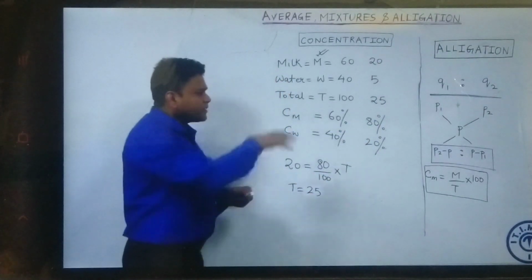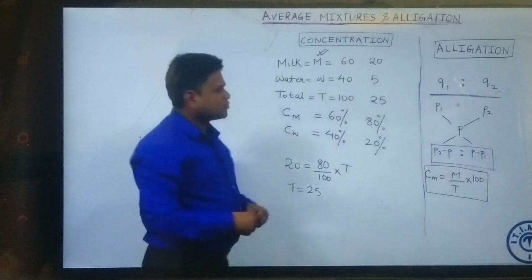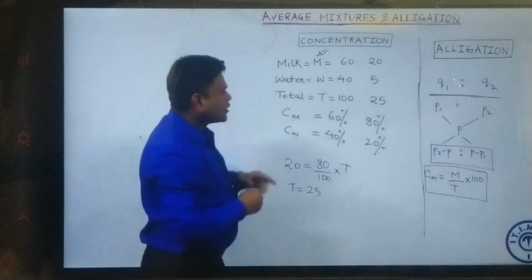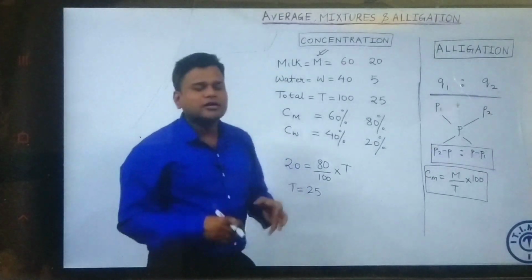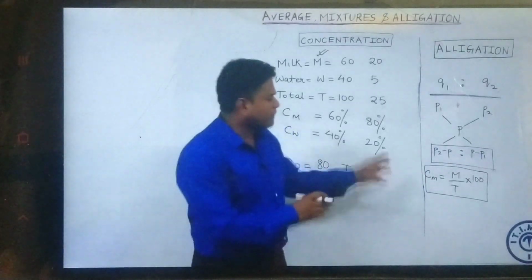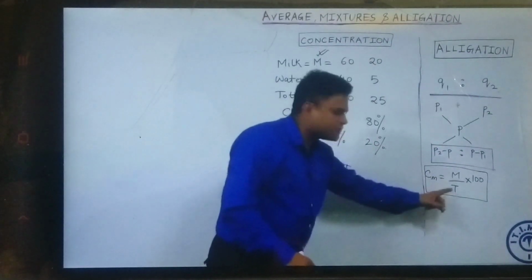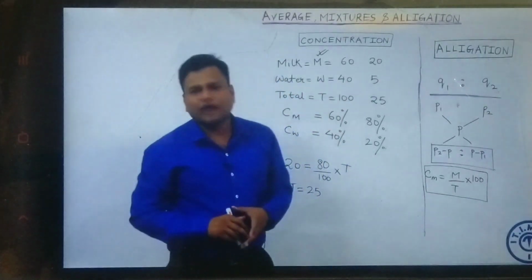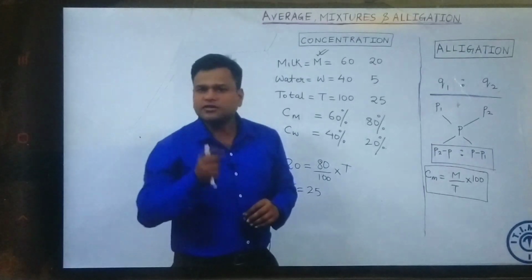So the moment we obtain these numbers, this total clearly could be any number, may or may not be 100. These two examples illustrate the basic idea related to the understanding of the term concentration of milk, or for that matter, the concentration of water. And next, out of these three terms, any two which are given to us, we should be in a position to obtain the third parameter.